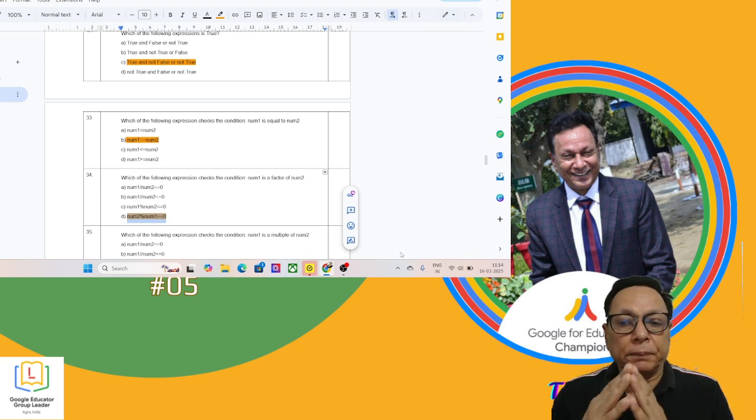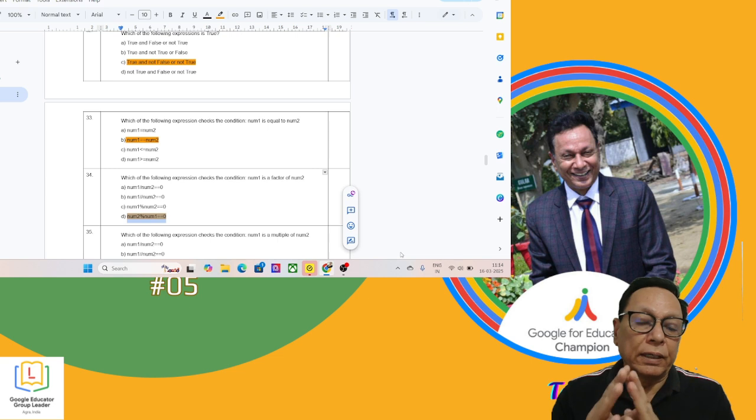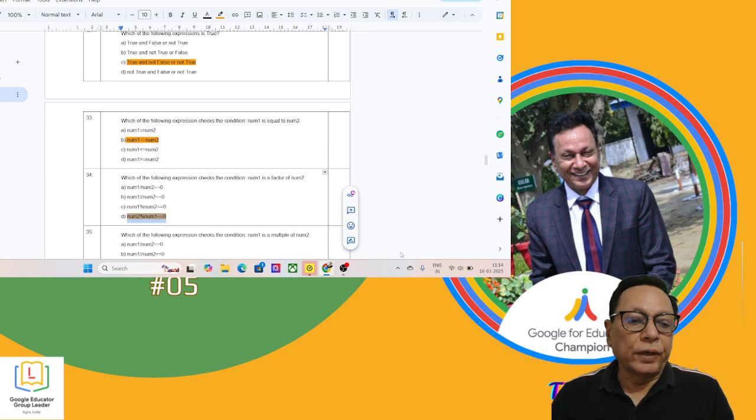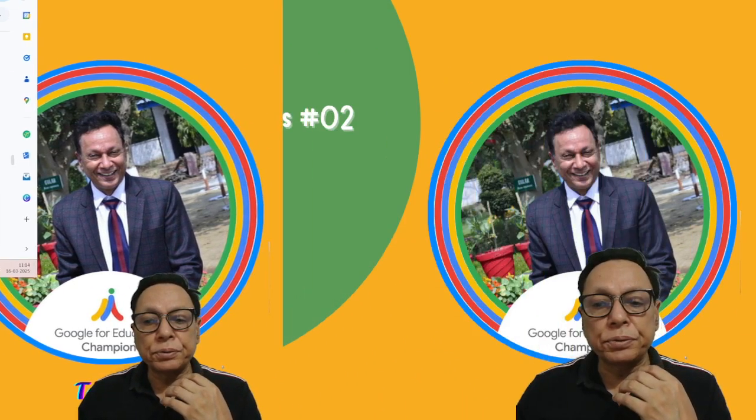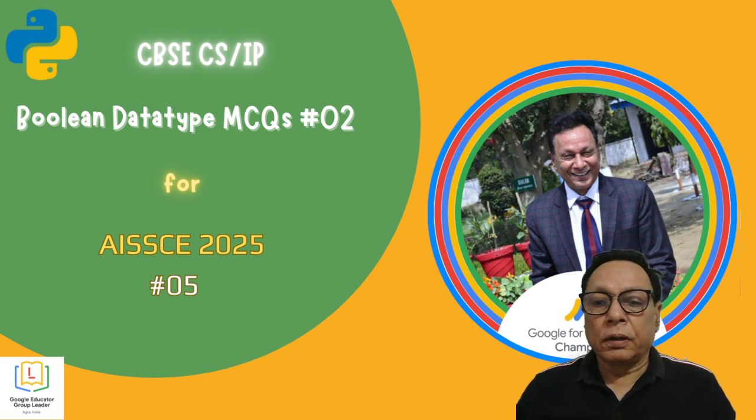If you try these questions, I don't think you'll get less marks, you'll get the full marks. So this is how we can perform the MCQs in our question paper.